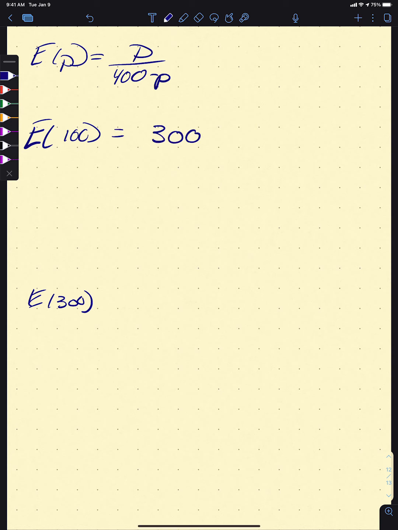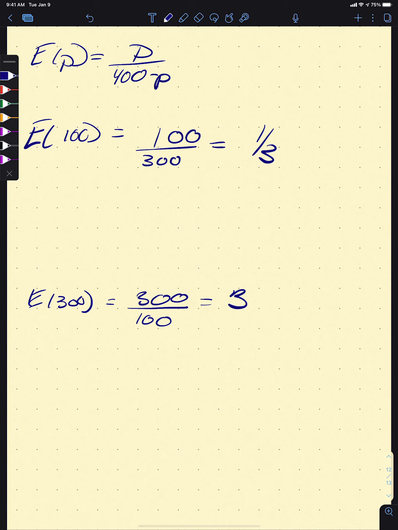E of 100 is 100 over 300, which is 1/3. And E of 300 is 300 over 400 minus 300, or 100, so that's going to be 3.